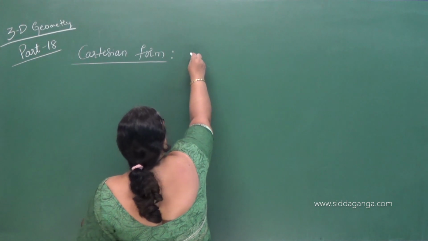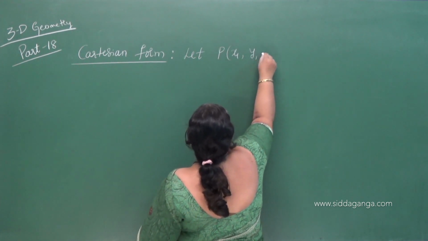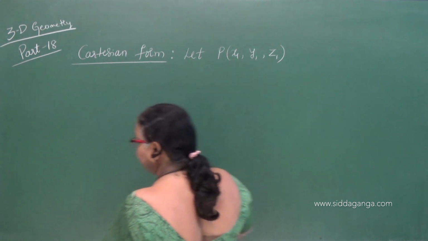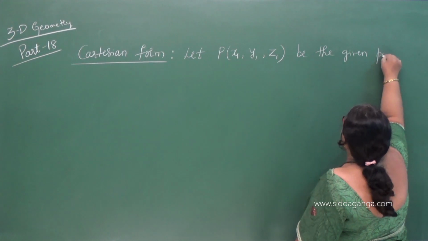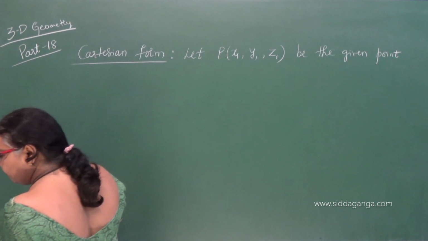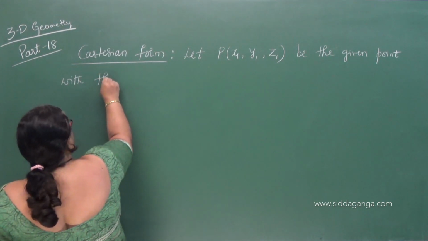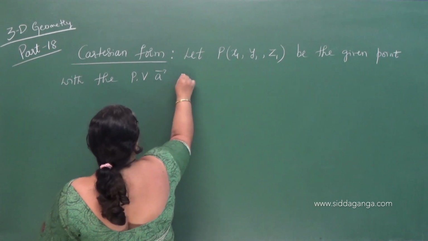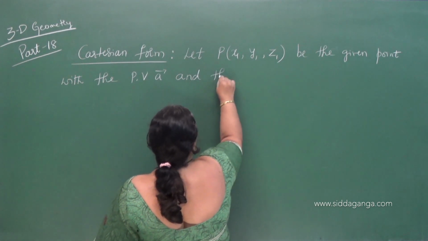Let the given point, which we took as P in the figure, have coordinates x1, y1, z1, and let its position vector be vector A.